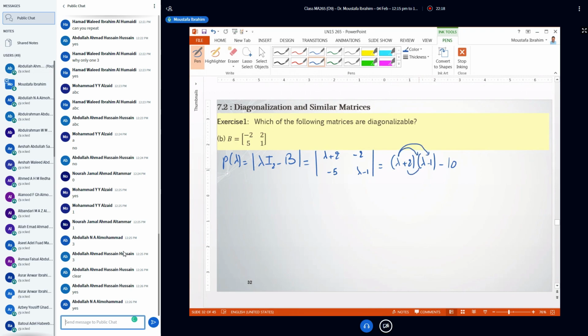Open the brackets, so we get lambda squared minus lambda plus 2 lambda minus 2 minus 10. So p(lambda) is equal to lambda squared plus lambda minus 12. Correct, guys?